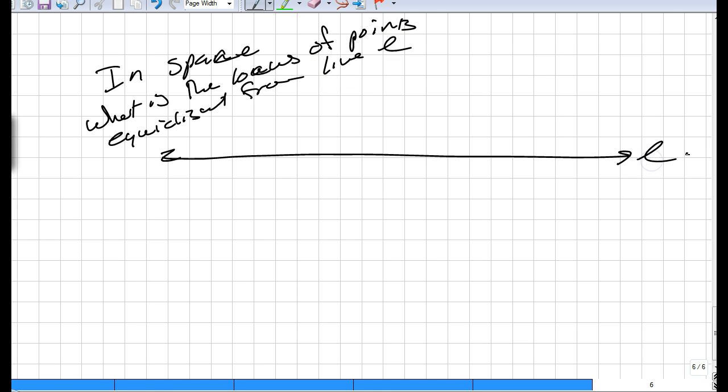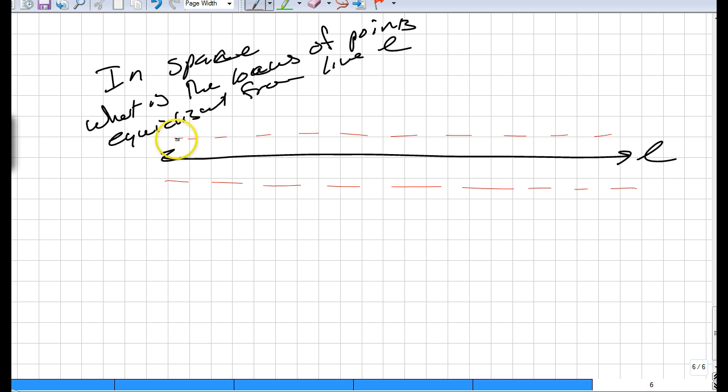So we'll call this line L. Well, there would be points here and here, but that's just on a plane.